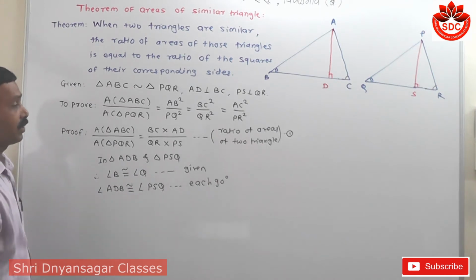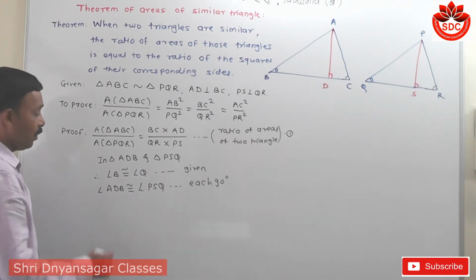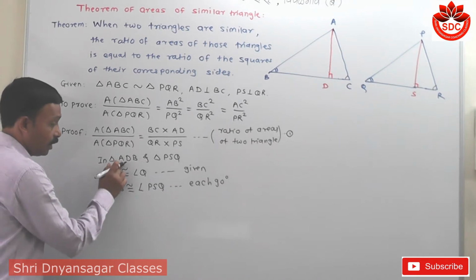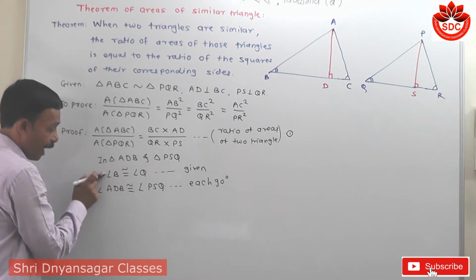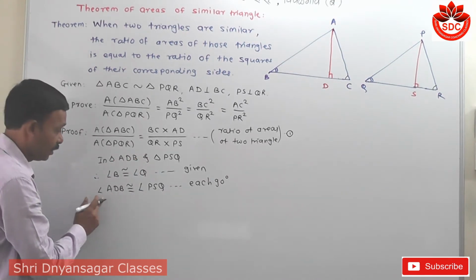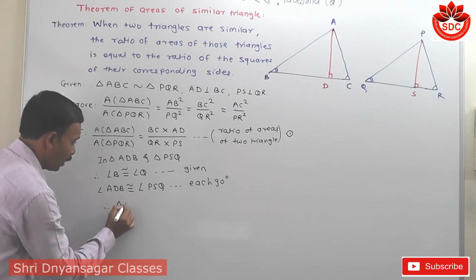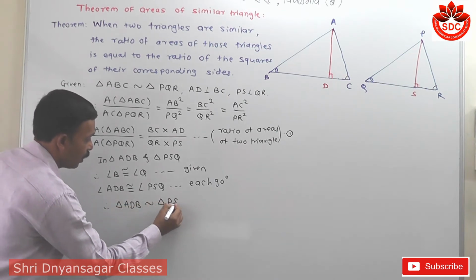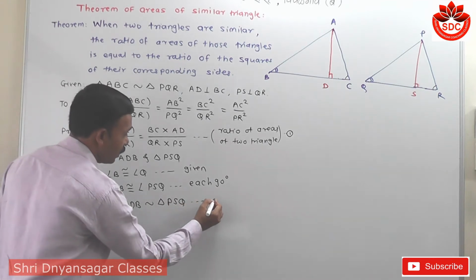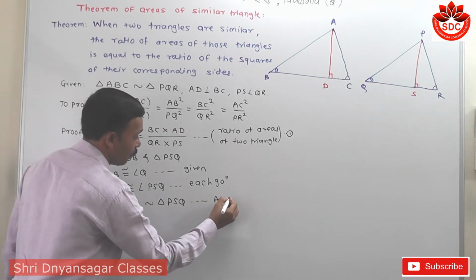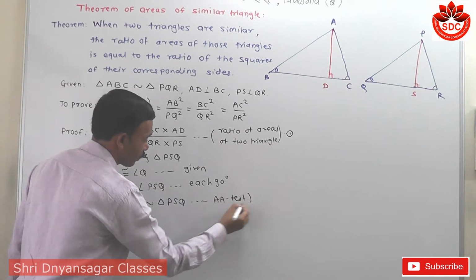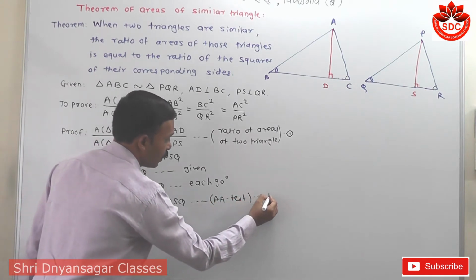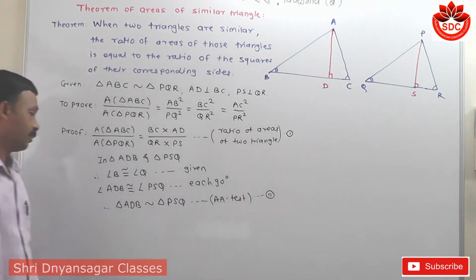Or you can also write given. Now these two triangles are similar by angle-angle test, AA. Therefore, triangle ADB is similar with triangle PSQ by the AA similarity test. Suppose this is equation number 2.